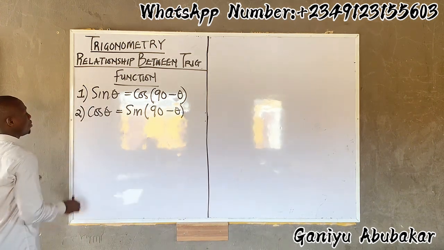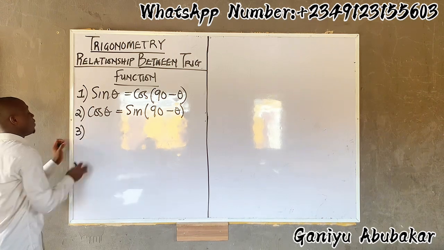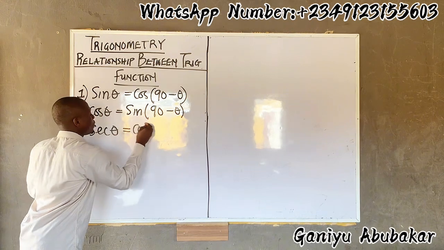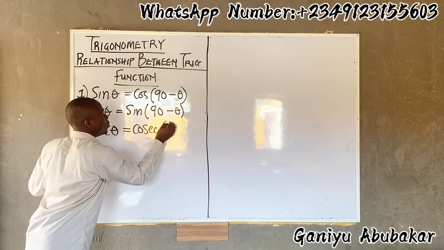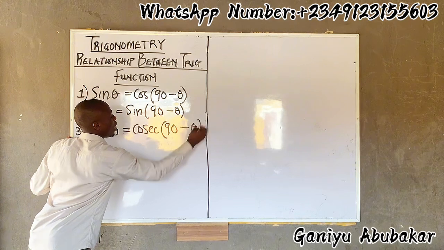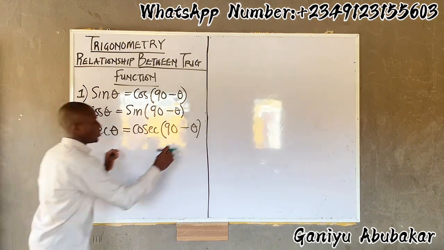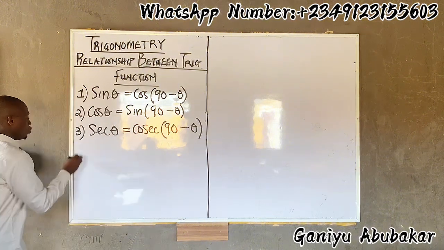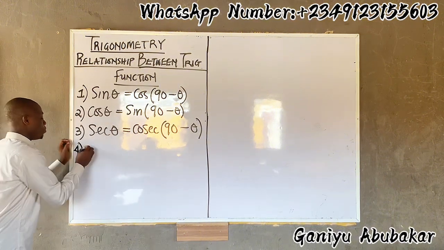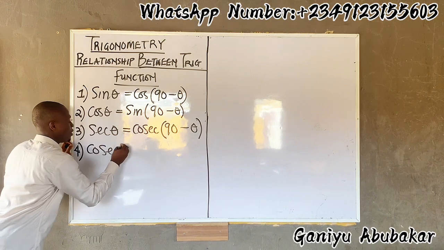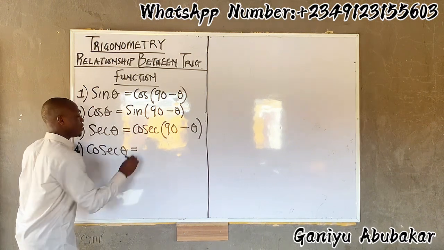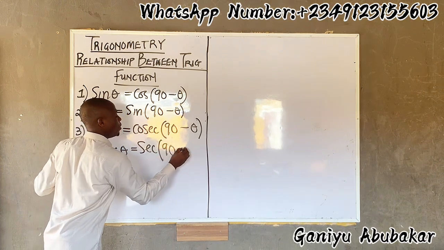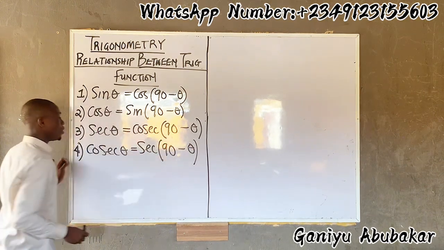The second thing to note. The third one is that if I have sec theta, this becomes the cosec of the complement angle. The fourth one to note, if I have cosec theta, this can be expressed as sec of the complement angle.